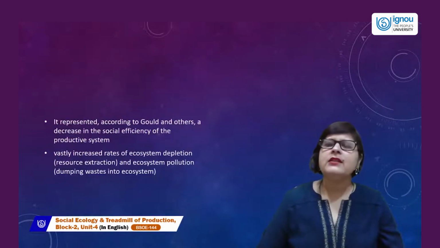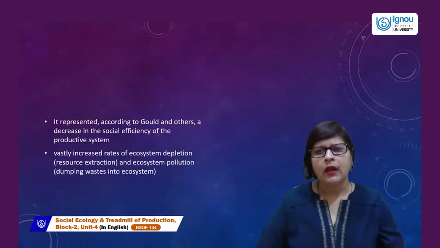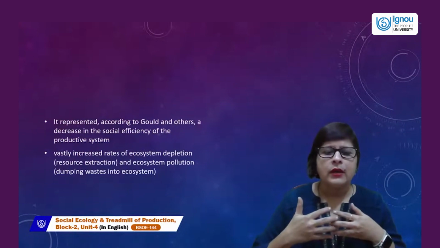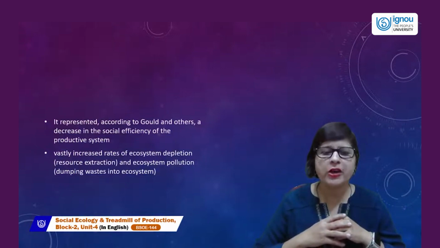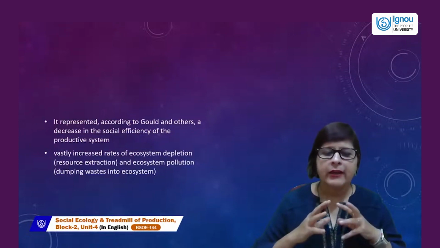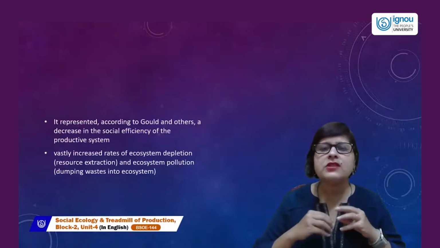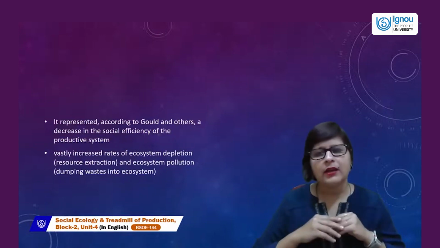And it vastly increased the rate of ecosystem depletion and ecosystem pollution. In the name of industrialization, there is an increased rate of resource extraction. We are depleting the ecosystem, and in return, what we are gaining is ecosystem pollution, that is, when we are dumping waste in our ecosystem.